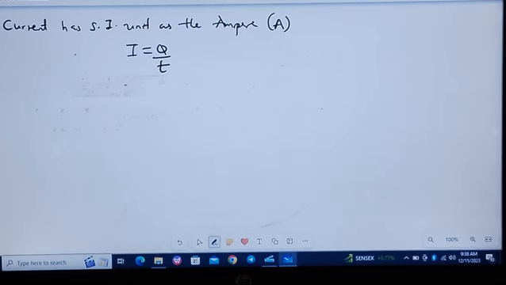So from that equation, 1 ampere is equivalent to 1 coulomb over 1 second. So we can say that an ampere is equivalent to 1 coulomb per second.